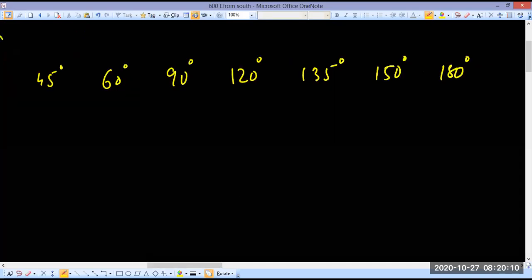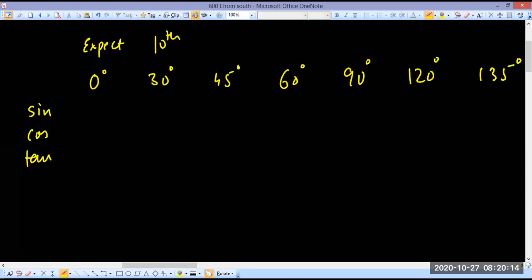Remembering up to there will be very useful in physics. Okay, so you know what you have to do. Here you already know the values, right? You get these kind of values.